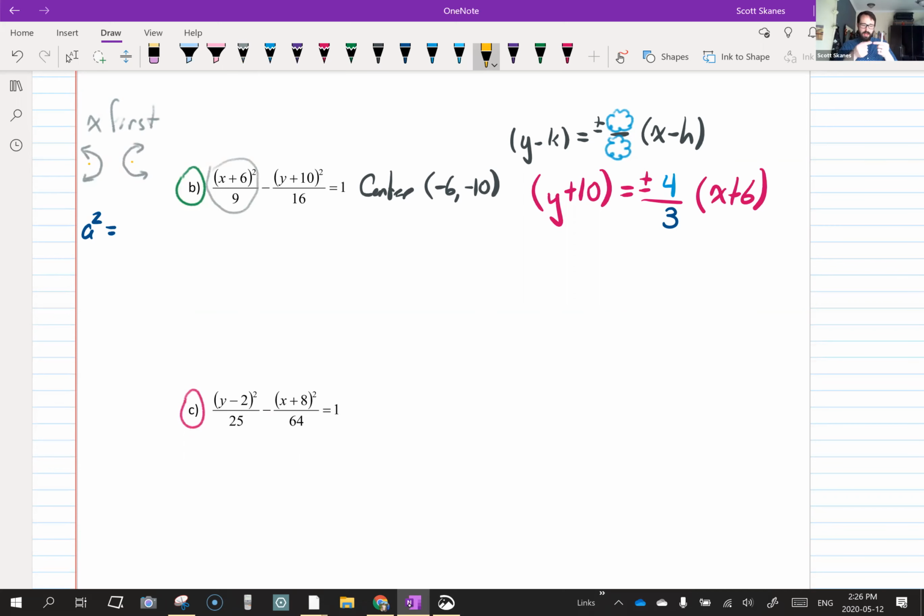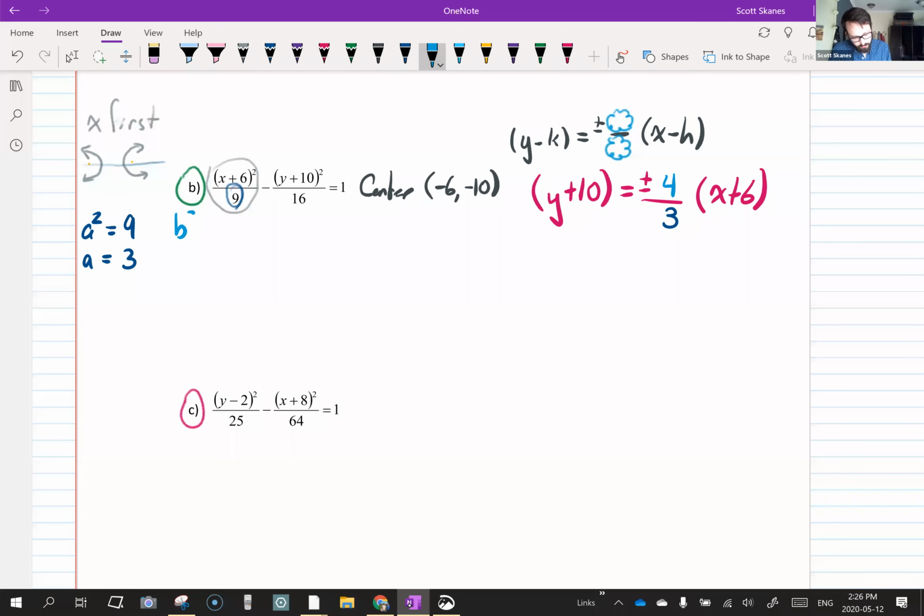That must mean that the a is related to the x. That's our transverse axis going through, so our transverse axis will be in this direction. So that's our a. A always comes first. A squared is 9. It's no longer major or minor. It's just related to the first one. So what's the square root of that? It must be 3. I'll get the vertices from that, but let's keep going.